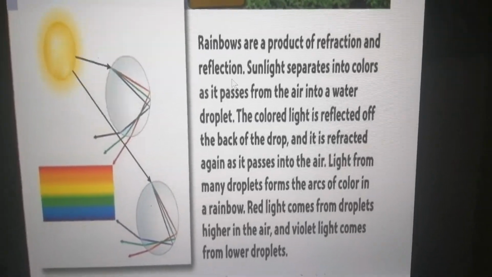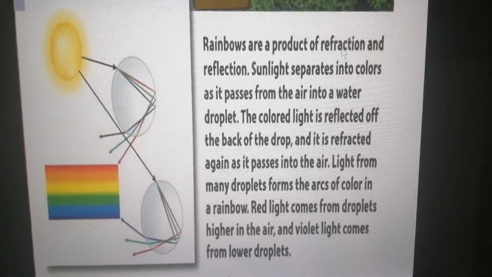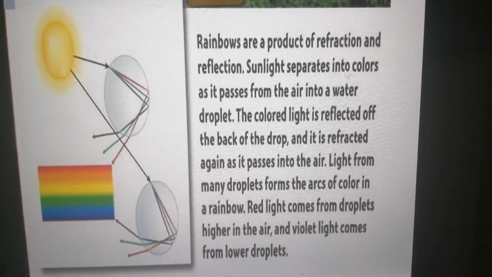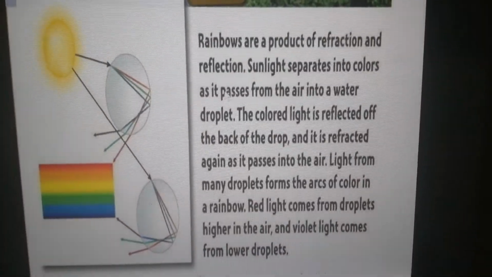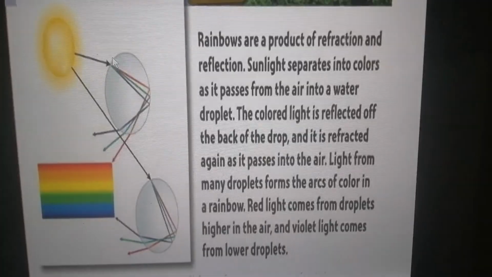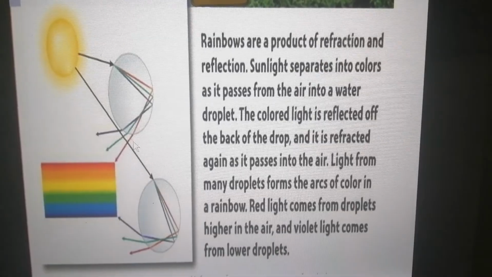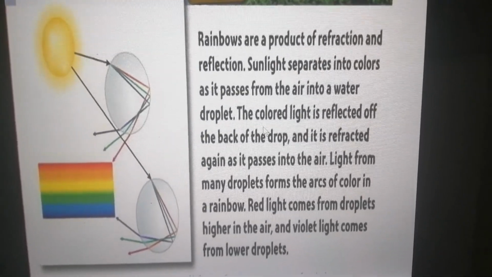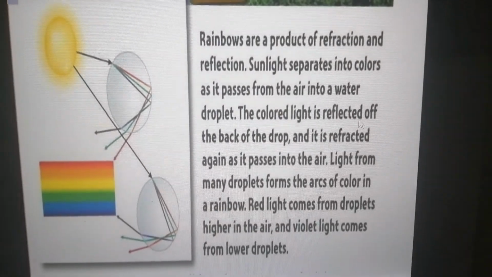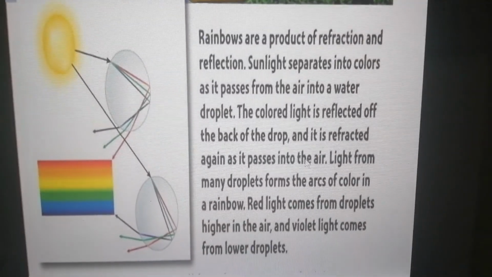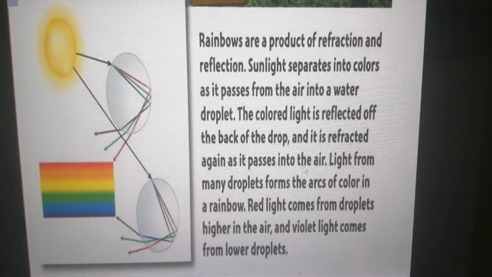Let us read. Rainbows are a product of refraction and reflection. Sunlight separates colors as it passes from the air to the water droplet. The circles are the water droplets, or the rain droplets. The colored light is reflected off the back of the drop and is refracted again as it passes into the air.